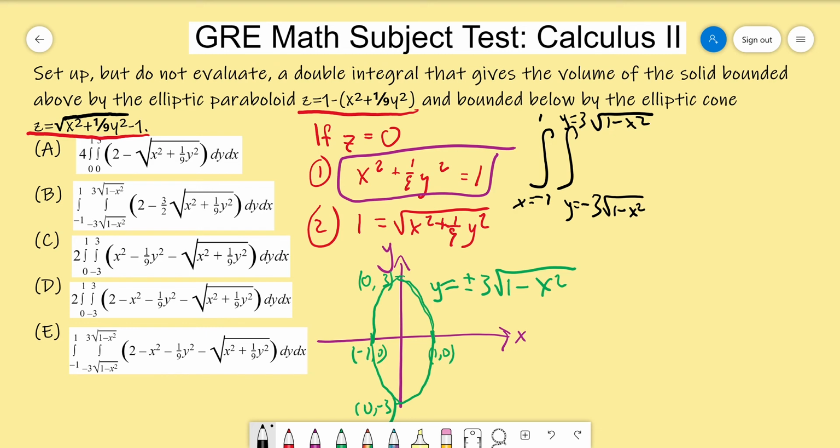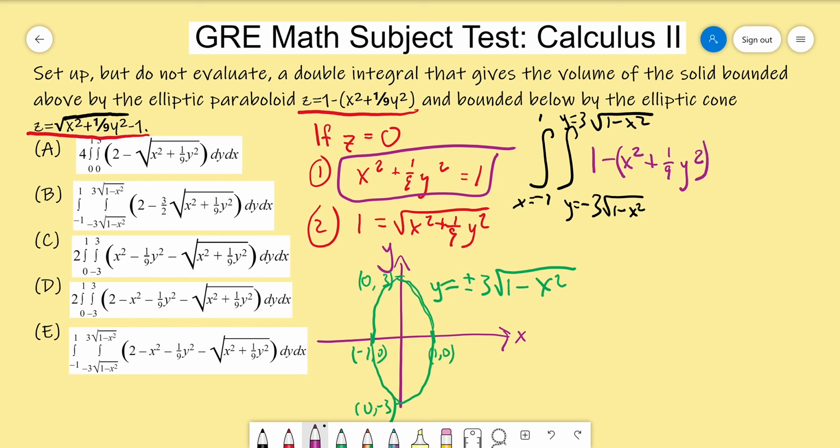So the surface that's above the xy plane is 1 minus x squared plus 1/9 y squared. I'll write that inside. That's going to be 1 minus x squared plus 1/9 y squared.